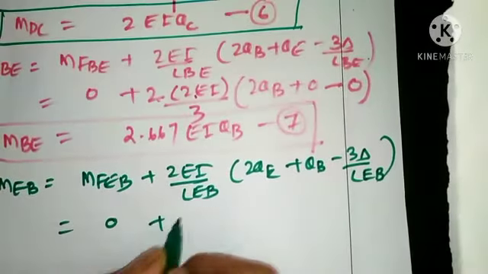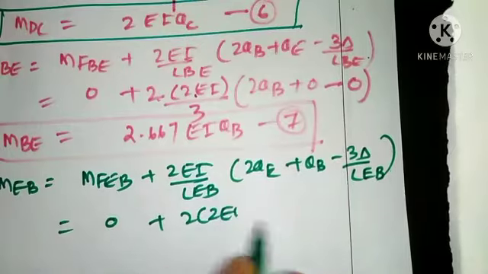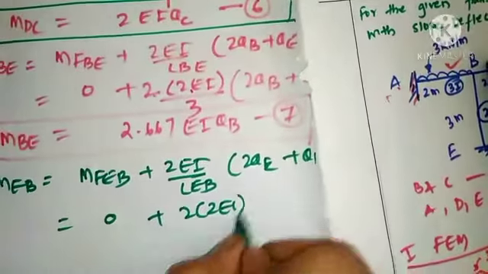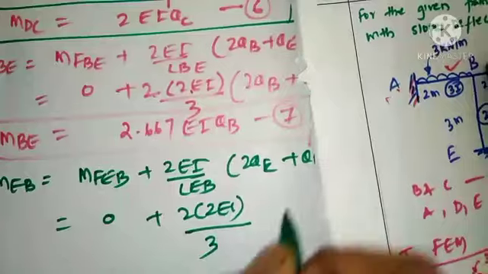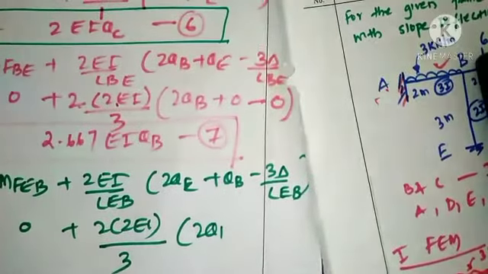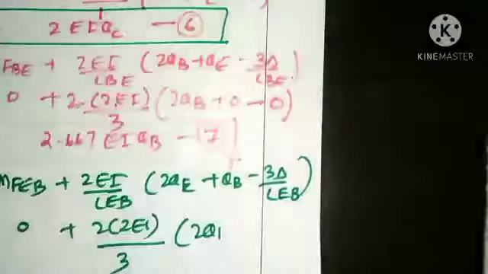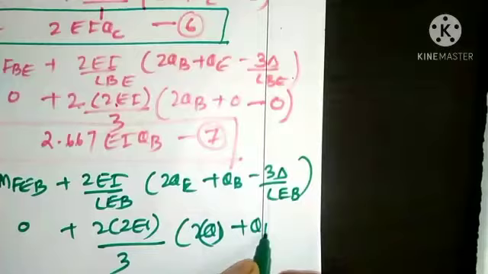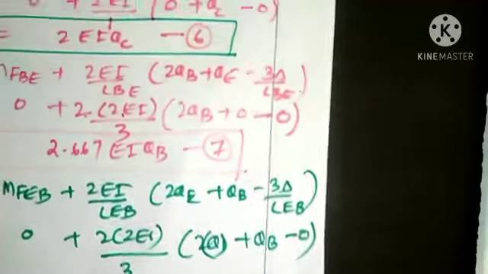MFEB value is 0, plus 2 into 2EI, because the value of EI is 2, divided by 3. Theta E value here will be 0. Why? Because it is a fixed end, so it will be 0. So this value I shall write as 0. Theta B is kept as it is, and delta value will be 0.